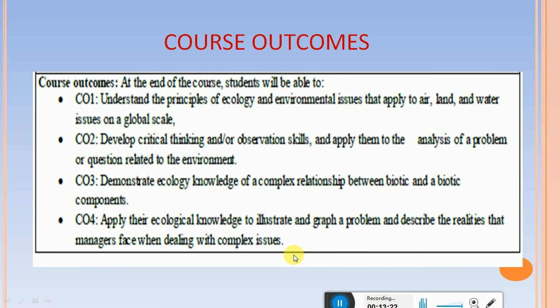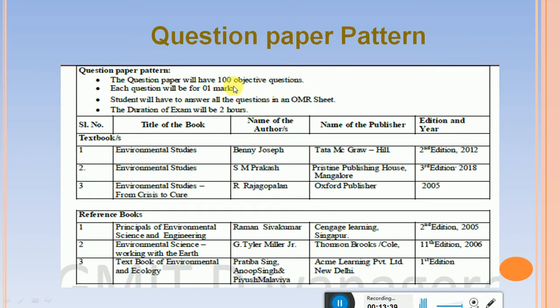So this is just an example. Likewise, we may have to find alternative ways. Once you understand the concepts of environment and ecology, then we can definitely have some solutions to achieve sustainability.